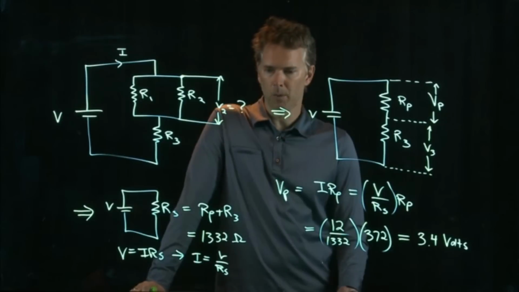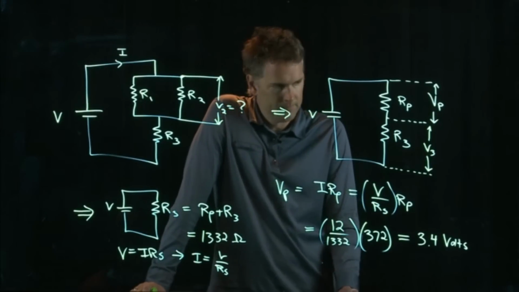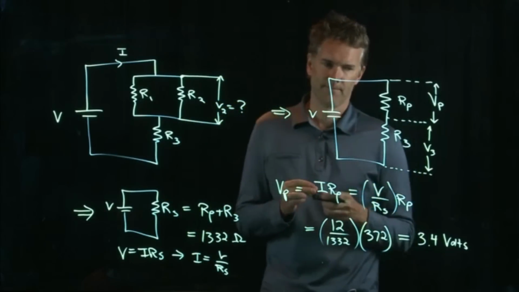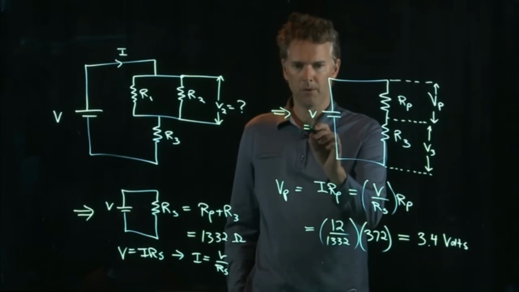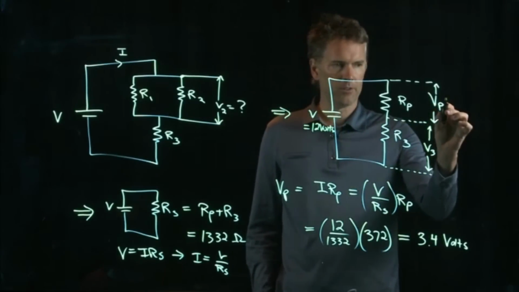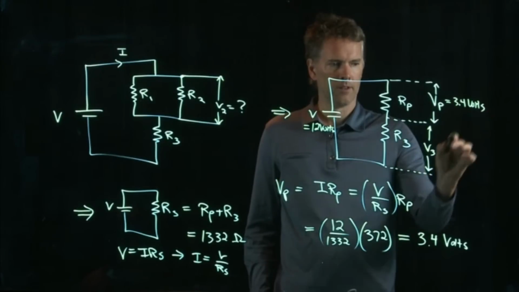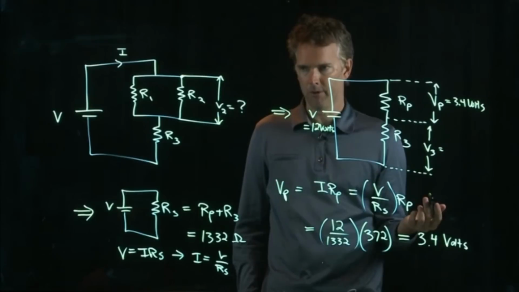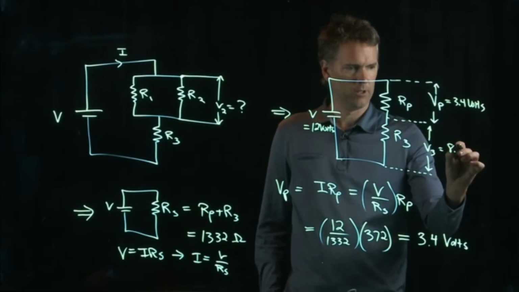Anybody be able to tell me what V3 is? I'll give you a hint. V, we said, was 12 volts. VP we just solved for. It was 3.4 volts. Yeah, so this has to be 12 minus 3.4, which is what? 8.6, hopefully.